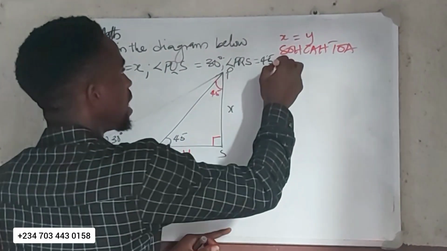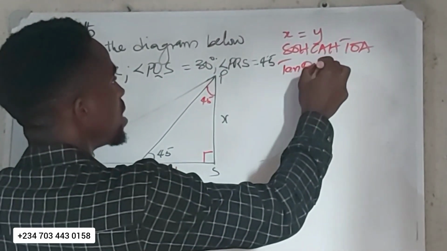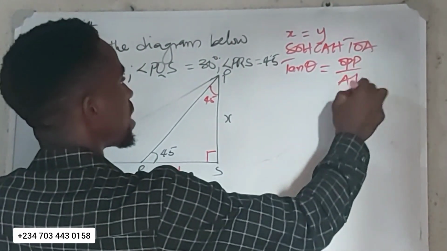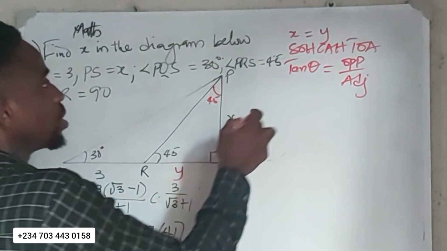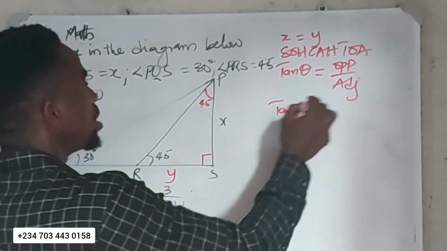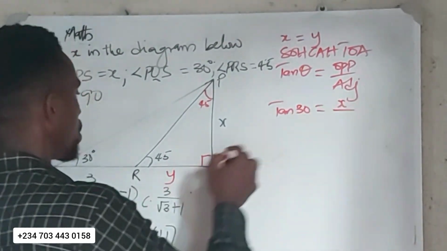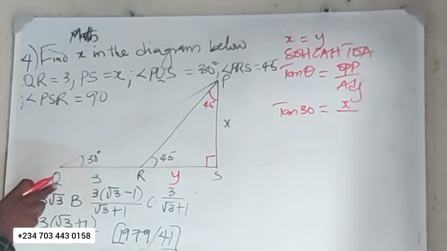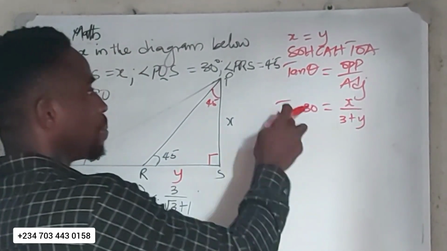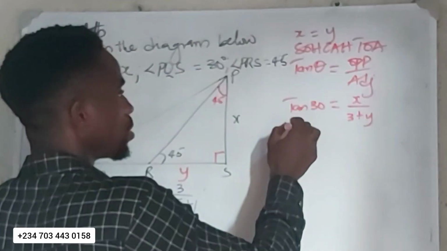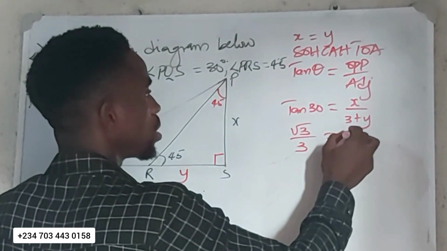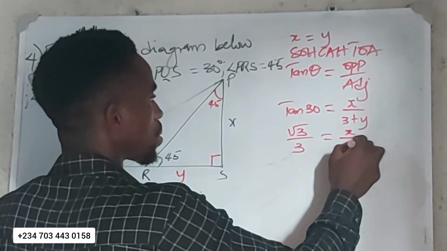So for that last triangle, tan 30 is opposite, which is x, upon adjacent. The adjacent in this case is 3 plus y. But tan 30 has the value of root 3 upon 3, is equal to x upon 3 plus y.